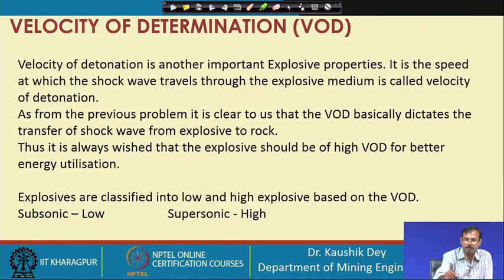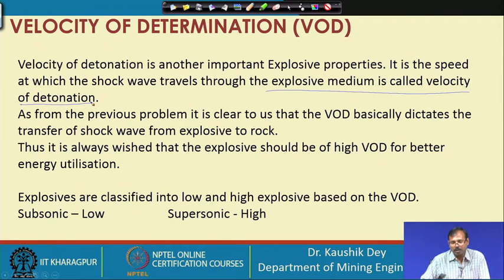The shock wave velocity in the rock and in the explosive are more or less similar, both being P waves passing through those mediums, but when it is passing through the explosive, its speed is considered as the velocity of detonation.